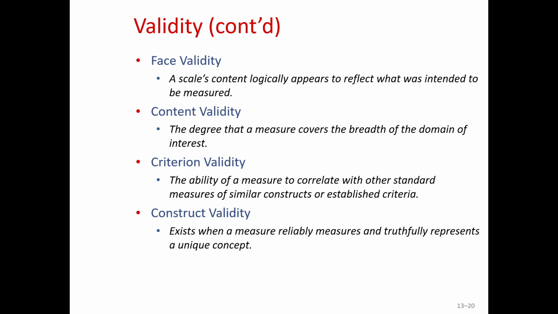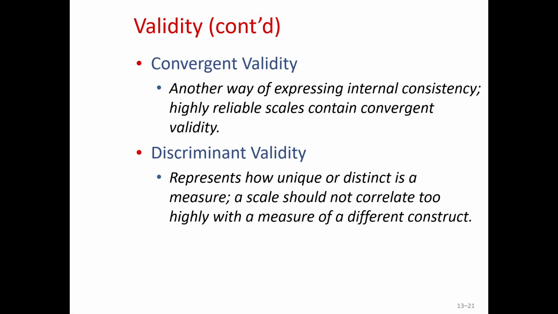And the last one, construct validity, exists when a measure reliably and truthfully represents a unique concept. This is construct validity, and we've discussed face validity, content, and criterion validity, but we can assess as well convergent validity and discriminant validity.